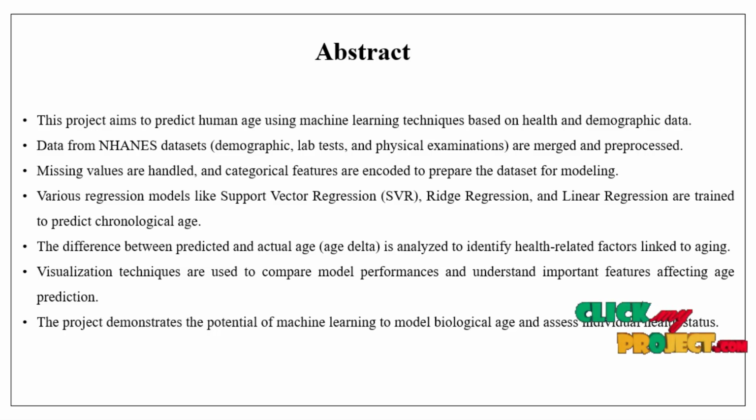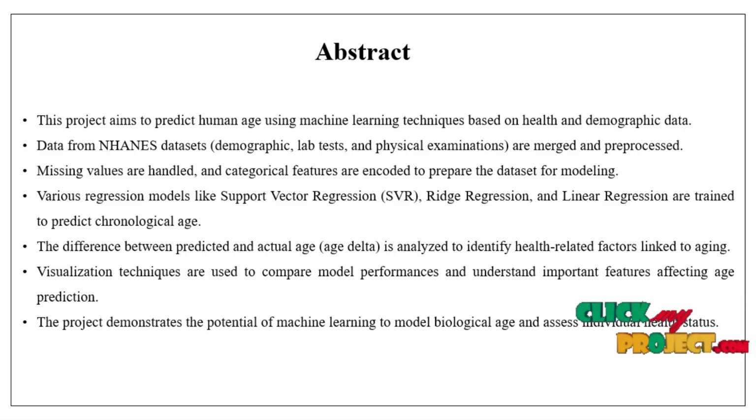Missing values are handled, irrelevant columns are removed, and categorical data is encoded to prepare for modeling. We use three models: support vector regression, ridge regression, and linear regression to predict chronological age. The performance is evaluated using mean absolute error, root mean square error and R square.